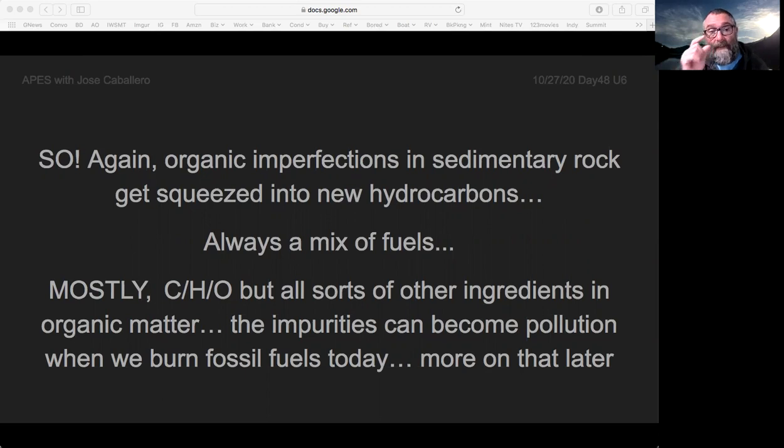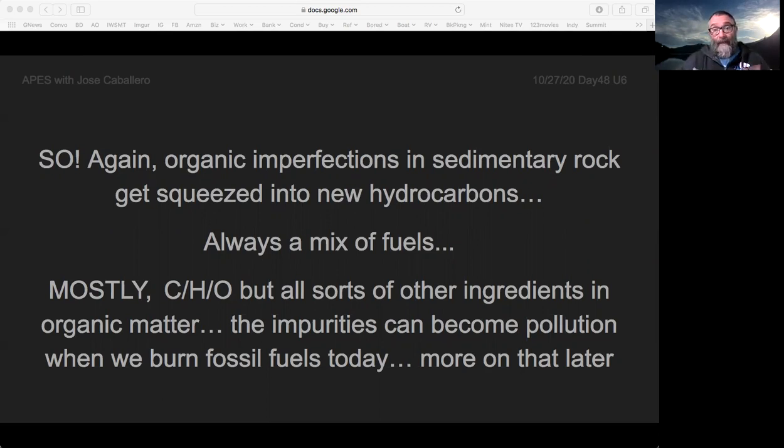And those get squeezed into hydrocarbons. There will always be a mix of fuels because some of those combinations of hydrocarbon will be more solid or more gaseous or more liquid. So all fossil fuel deposits have a blend of fuels, and you have to know that.